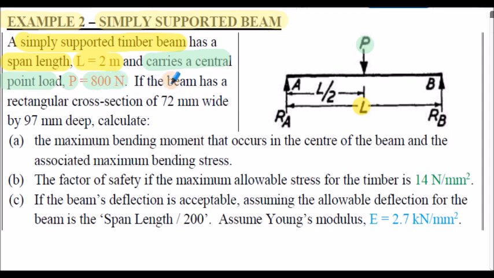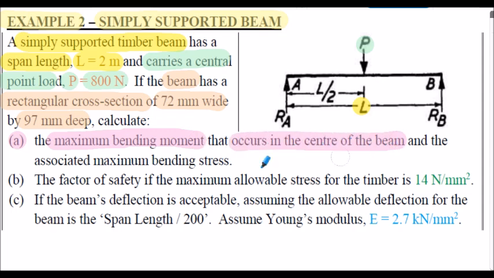If the beam has a rectangular cross section of 72 millimeters wide, 97 millimeters deep, we're asked to calculate A, the maximum bending moment that occurs at the center of the beam, and then the associated maximum bending stress at this location here. Part B, the factor of safety, if the maximum allowable stress for the timber is limited to 14 newtons per millimeter squared.